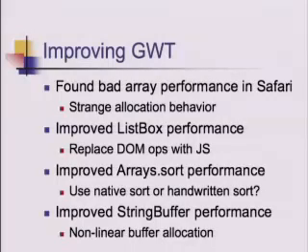Array sort. We run into these problems all the time where we ask ourselves, what really would be the best way to implement this? And with Arrays.sort, we decided there are two major alternatives. We could use JavaScript sort and basically ask JavaScript to sort the array for us, or we could hand write a sort. So we could write our sort in Java, have the GWT compiler translate it to JavaScript, and really it would seem like the native sort would be a better solution.